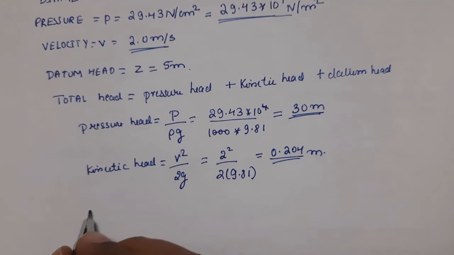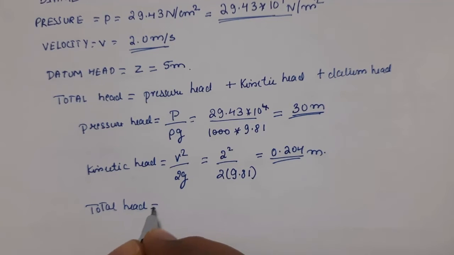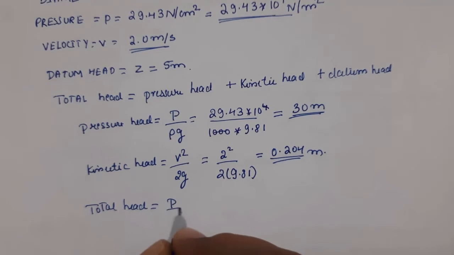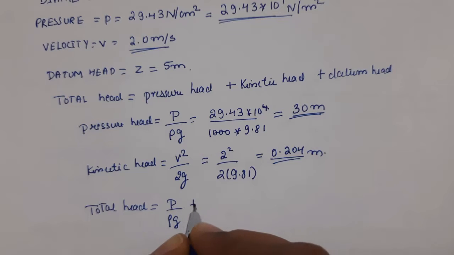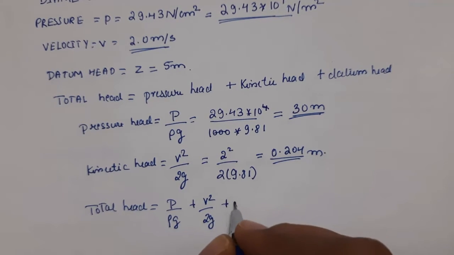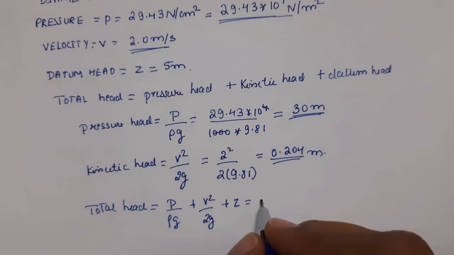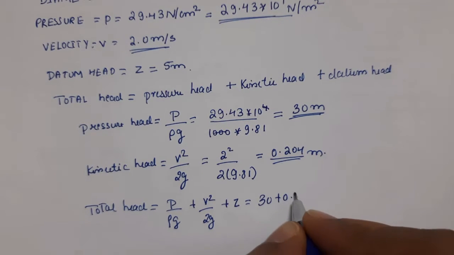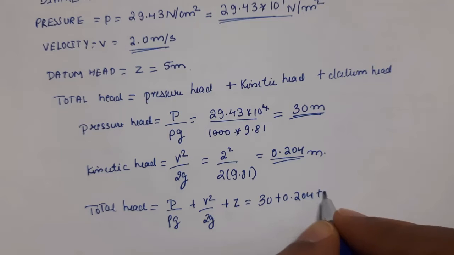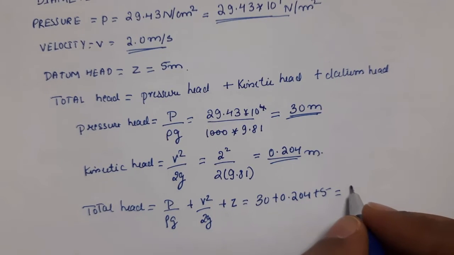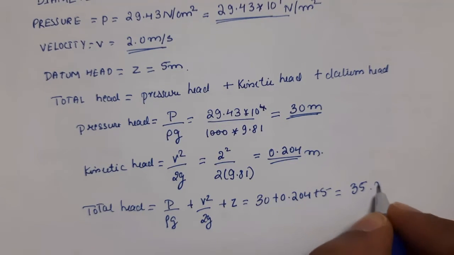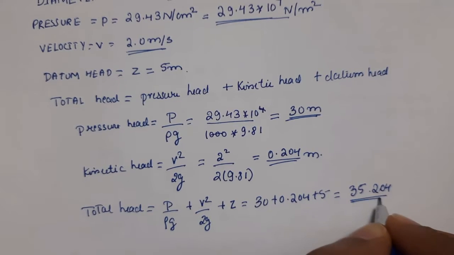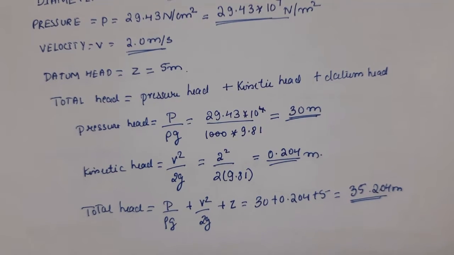So the total head is nothing but P by rho G plus V square by 2G plus Z, that is equal to 30 plus 0.204 plus 5 is equal to 35.204 meter. So this is the total head.